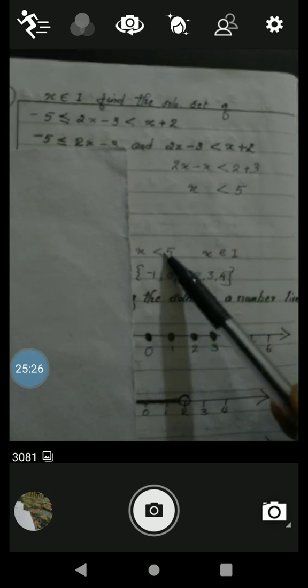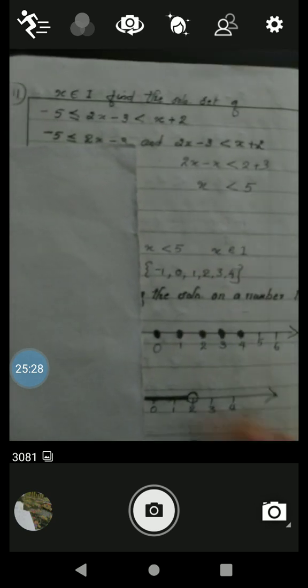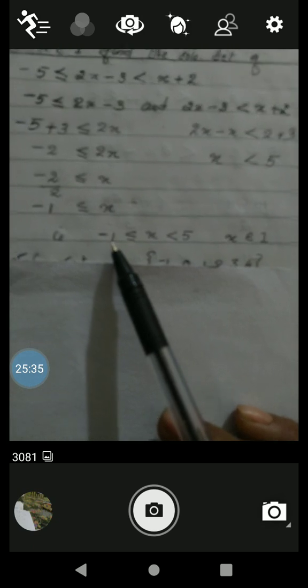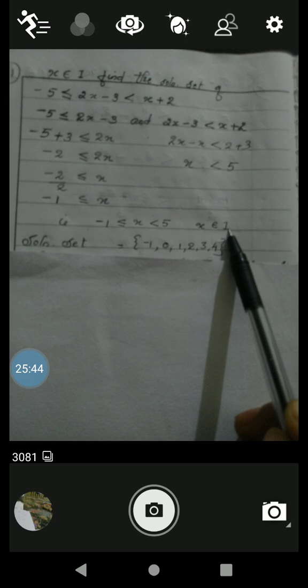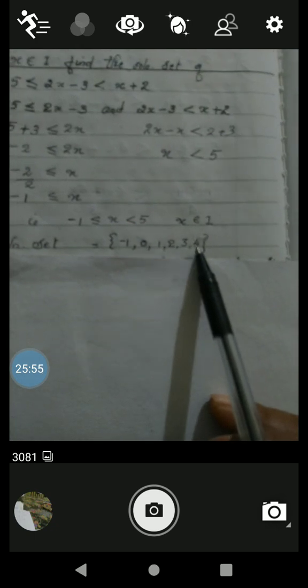And x belongs to integers. So the range of values of x is minus 1 to 5. Therefore, which are the elements in that set? Minus 1, 0, 1, 2, 3 and only up to 4, since x is less than 5, not less than or equal to 5. Therefore, we can write up to 4.